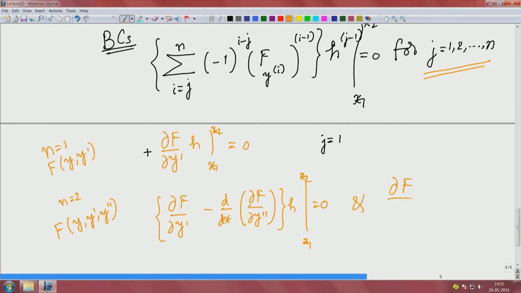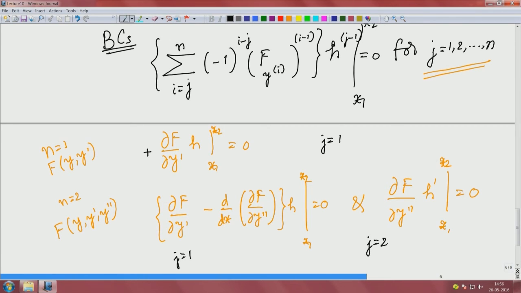That other one is dou f by dou y double prime into h prime, again at the two ends x1 and x2, equal to 0. So, this is for j equal to 1, and this is for j equal to 2, right.